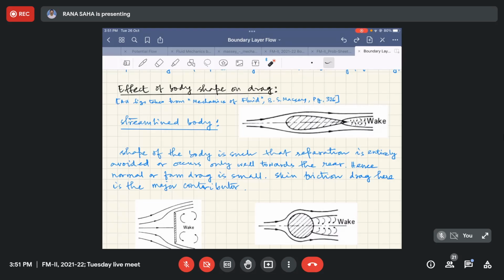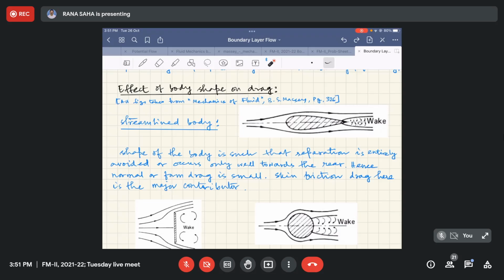Okay, so for reducing the drag due to form, that is the second one, the pressure drag, we have understood that the reason behind this form drag is boundary layer separation.